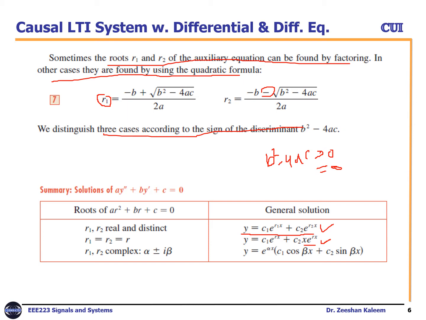And the third case, when b square minus 4ac is less than 0, it is called the complex case. Then you can write the general solution e^(αx) (C1 cos βx plus C2 sin βx). So these are the three possible solutions when the determinant b square minus 4ac is greater than 0, equal to 0, or less than 0.